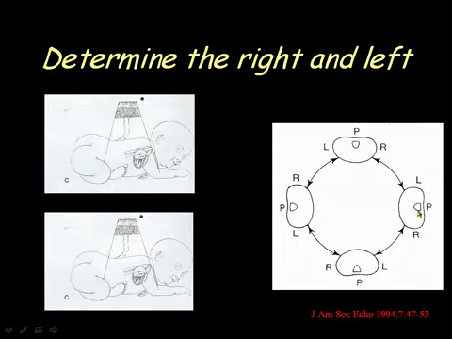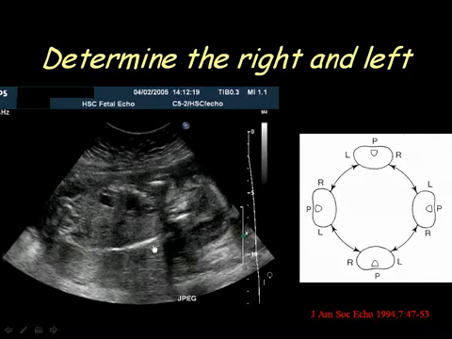This represents the spine, and the sternum is here, and if you see the spine towards this side, then the right is down, the left is up, and the opposite for the other side. And remember it as rotation in clockwise with the spine outside, and the right comes before the left. Okay? Let's see an example.